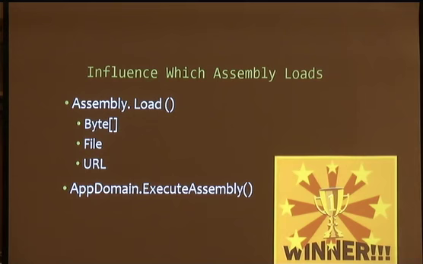The root here is the way in which assemblies are loaded. .NET uses the concept of a managed code assembly instead of an EXE. It is an EXE, but the Assembly.Load method can be used to load from a byte array in memory, a local file on disk, or even a URL. There's even, on the AppDomain class, ExecuteAssembly.